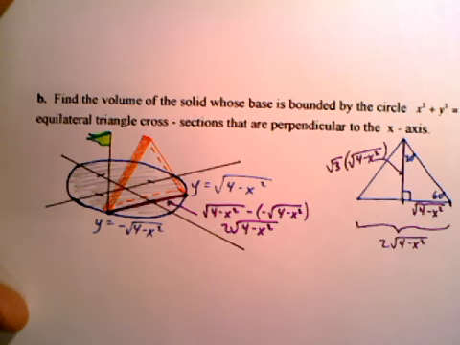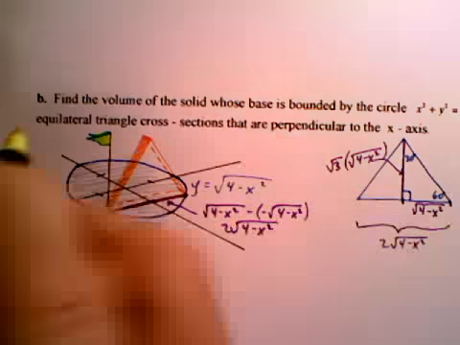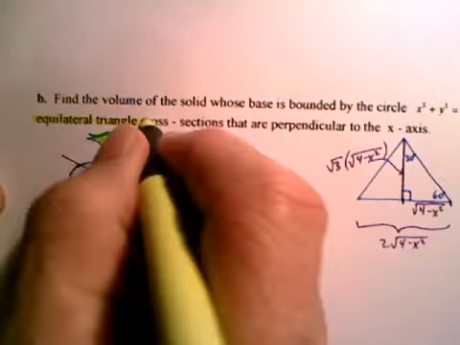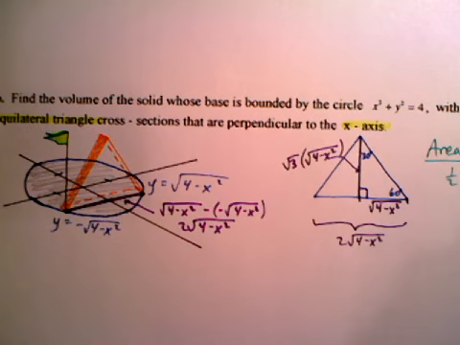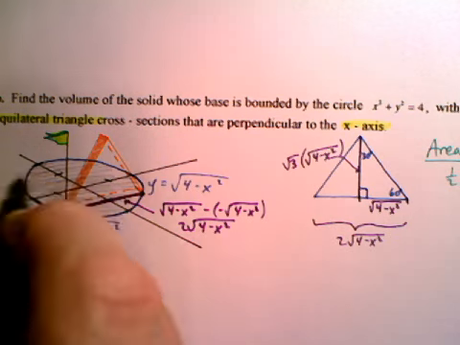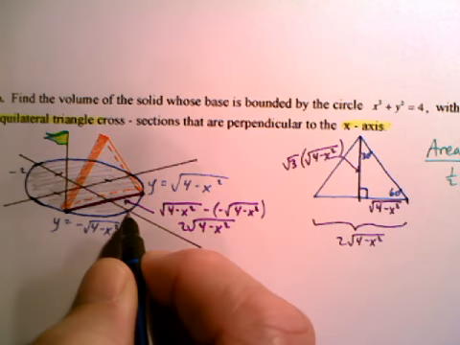Nevertheless, here we have our cross section. Cross sections are equilateral triangles and are perpendicular again to the x-axis. So we're going to be integrating with respect to x. We've again already used this base of a circle.